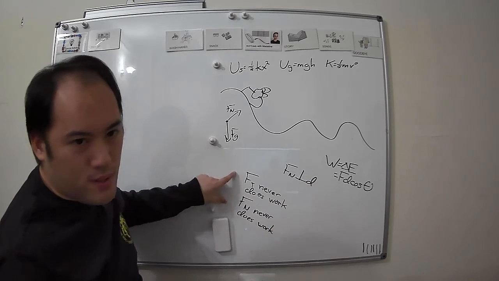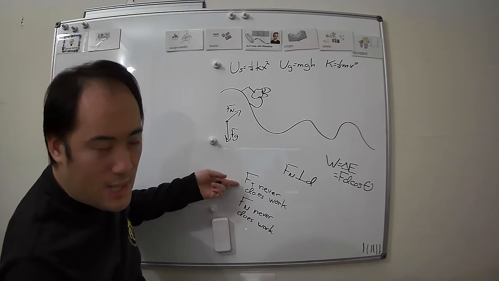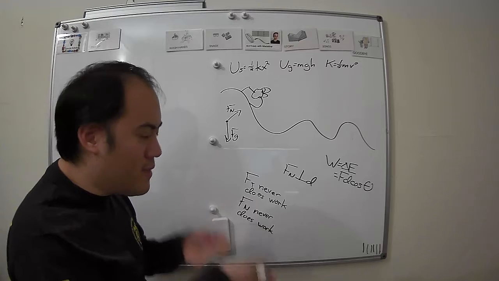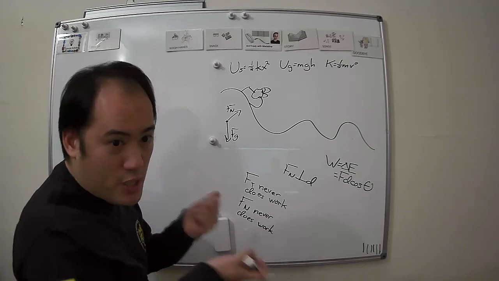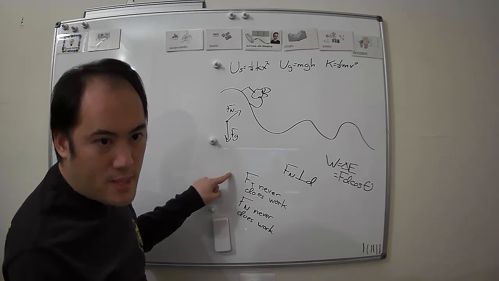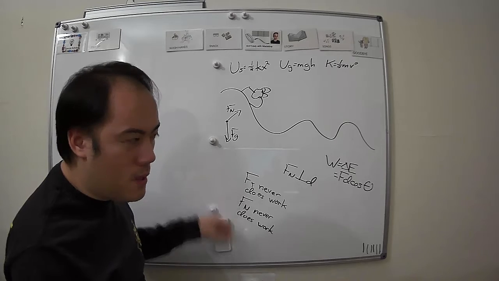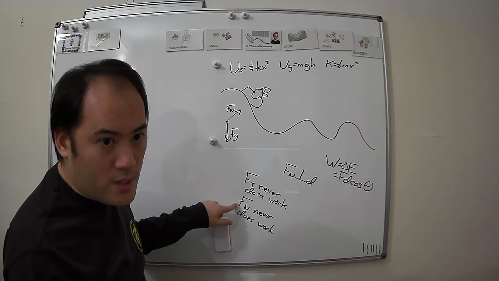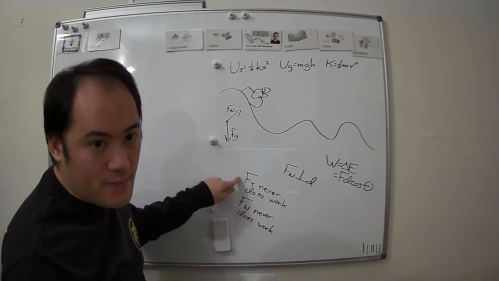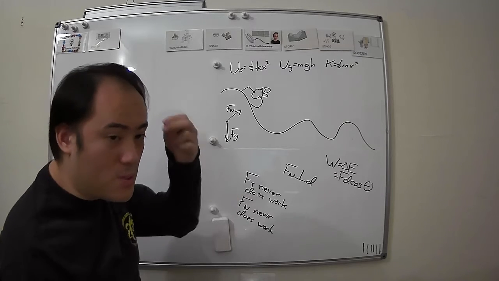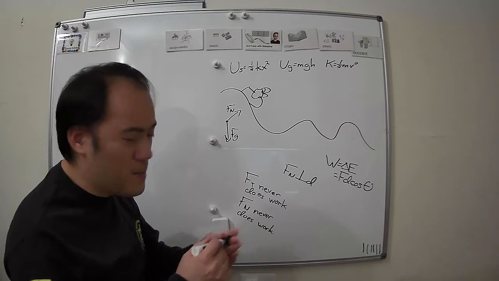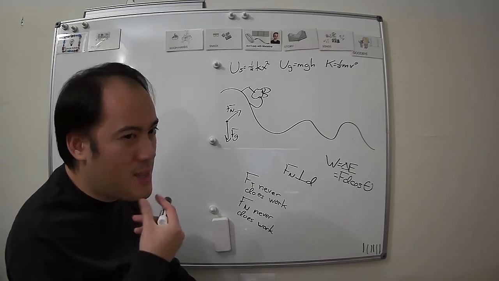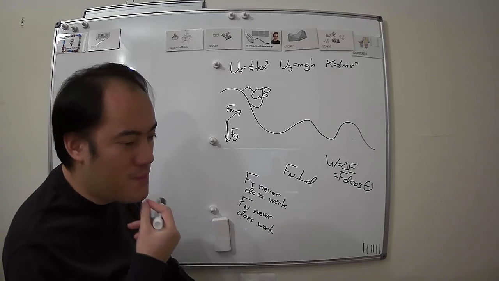These aren't always true. Obviously, if you're lifting a heavy refrigerator with a rope, tension is doing work. If you bounce a ball off the ground, normal force does work. In pendulums, tension never does work. In roller coasters, normal force never does work. So you have to analyze the problem and think, is energy conserved in this problem?